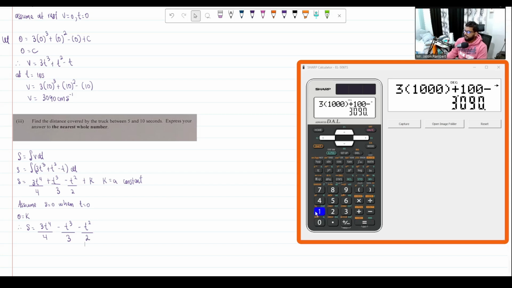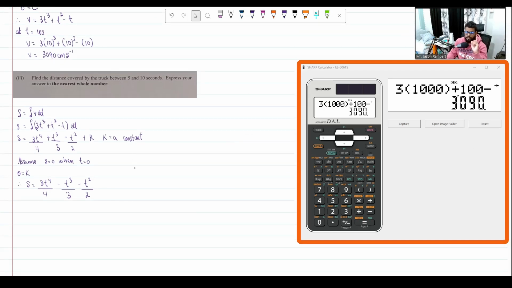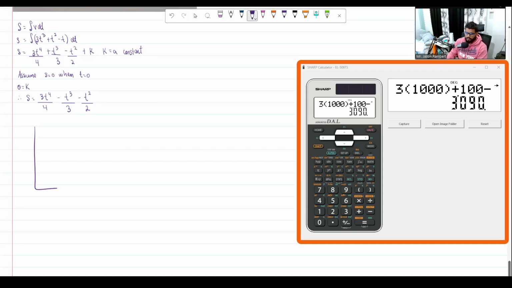Now, this is what we're going to do here. We're going to draw a table catering for 5 seconds to 10 seconds. This formula for displacement is going to be from O, or from the start. So let me draw up a nice little table here and split it down the middle.